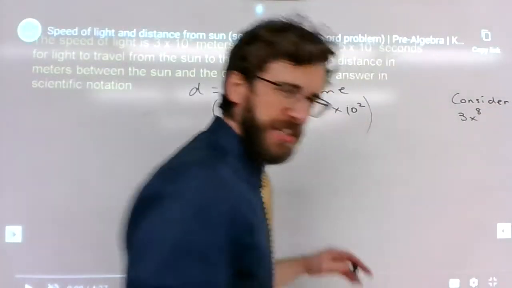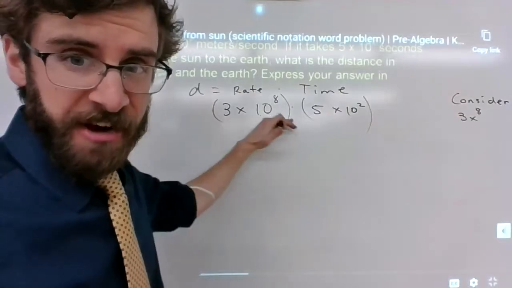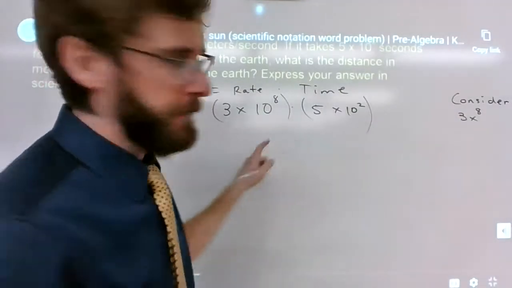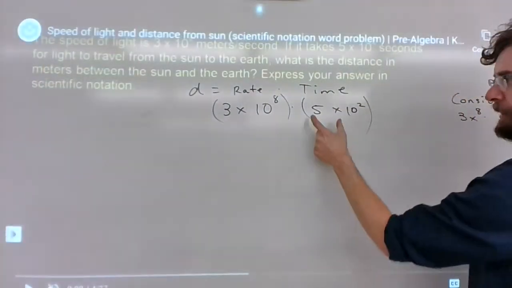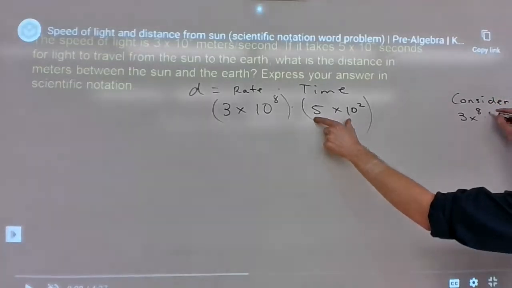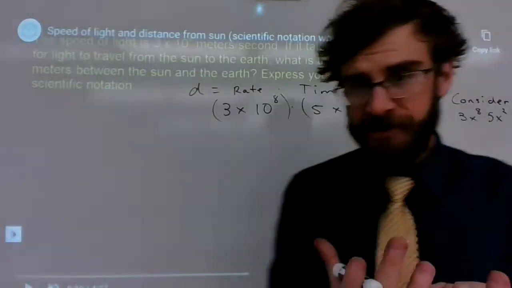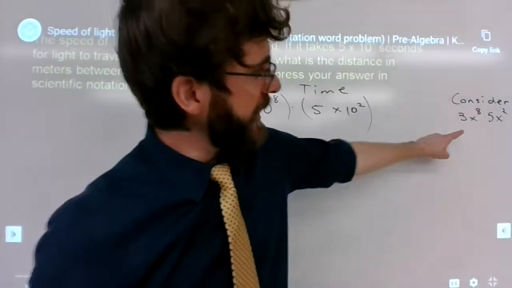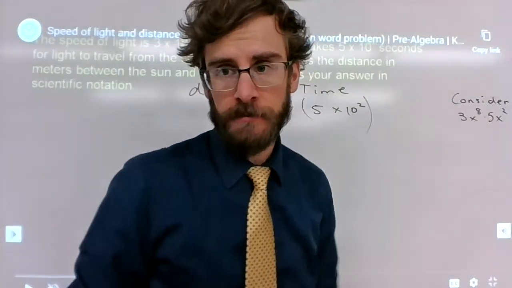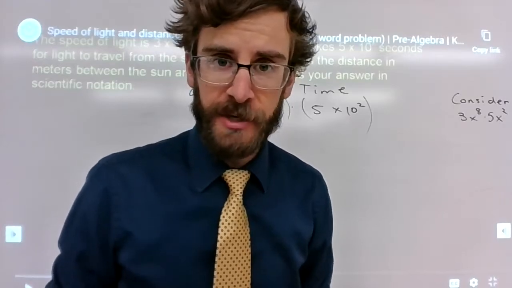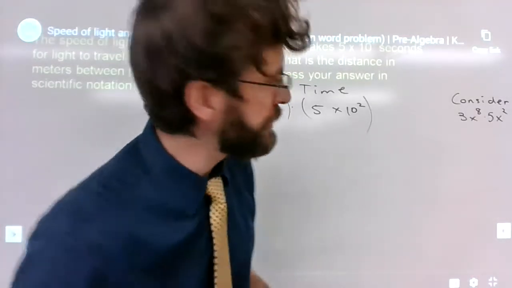Let's consider something structurally very similar to this, and then multiply that by something structurally similar to that. So the question I have is, do you still know how to take 3x to the 8 times 5x squared? If the answer is yes, then you are halfway there pretty much.